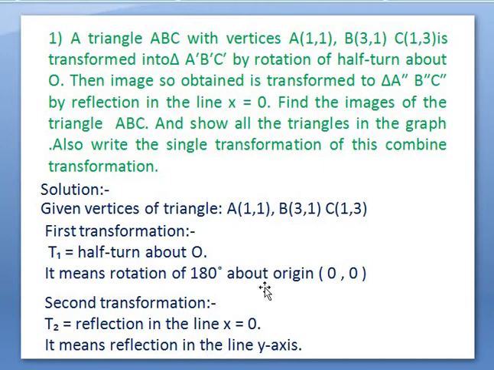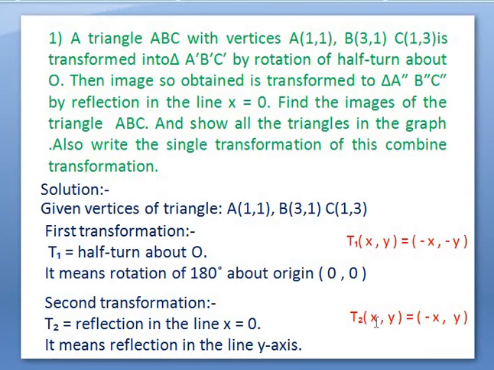Now you have to remember the formula for the half turn about origin and the reflection in the y axis. Do you remember the formula? For the rotation, T1(x, y) is (minus x, minus y). We change the sign of both x and y in rotation of 180 degrees. And the formula for the second transformation, reflection in the y axis, is (x, y) goes to (minus x, y).